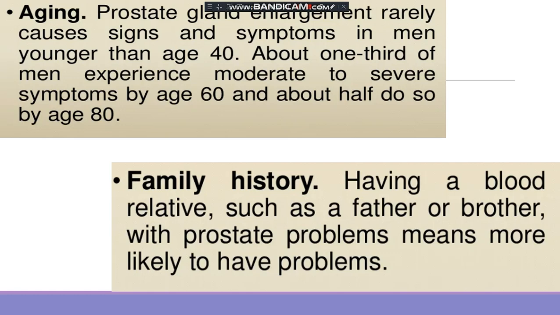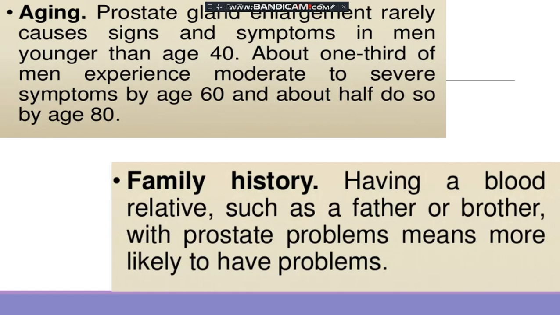If a male is younger than 40, the signs and symptoms are very less, and may not appear. But about one third of men experience moderate to severe symptoms by age 60. Okay, and more symptoms will occur after age 80.